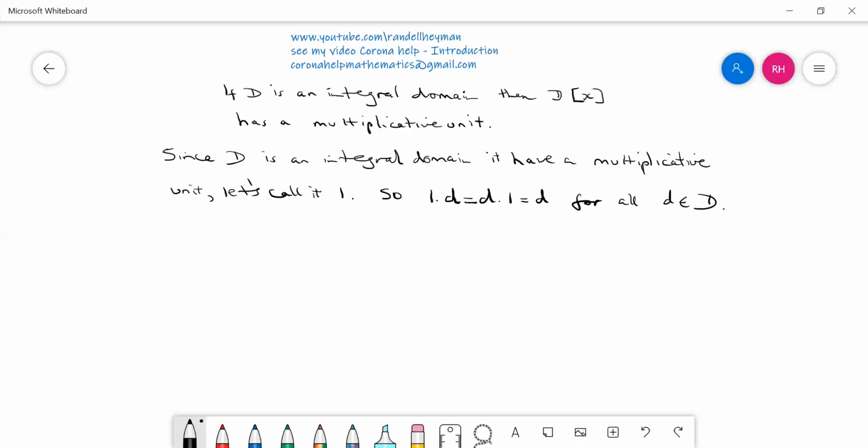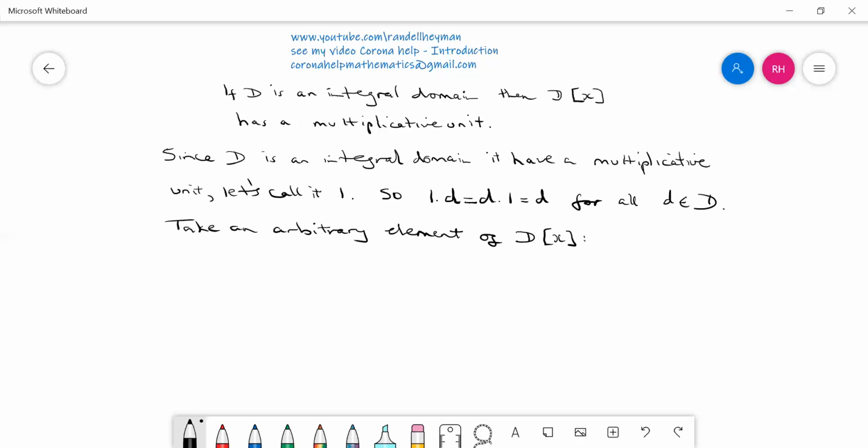Okay, so now let's link that into D[x]. How are we going to do that? Take an arbitrary element of D[x].